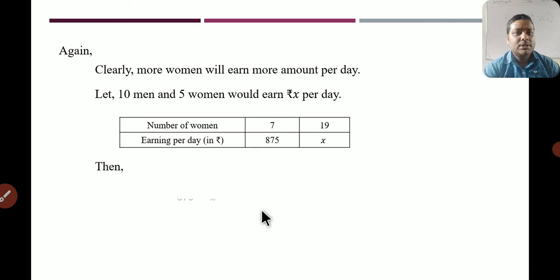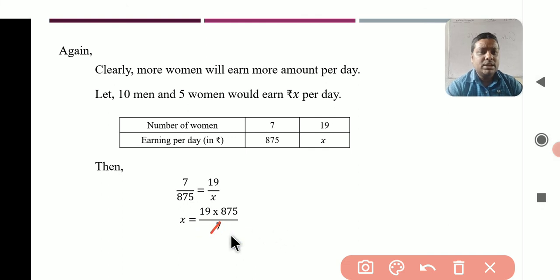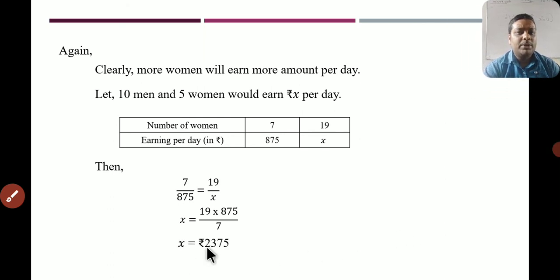Let's see. 7 by 875 is equal to 19 by X. Now let's solve it. 7 ones are 7, 7 ones are 7, 7 twos are 14, 7 fives are 35. So 125 into 19. When we multiply it, we will get 2375. Okay, so I hope that you all have understood this question also, dear.